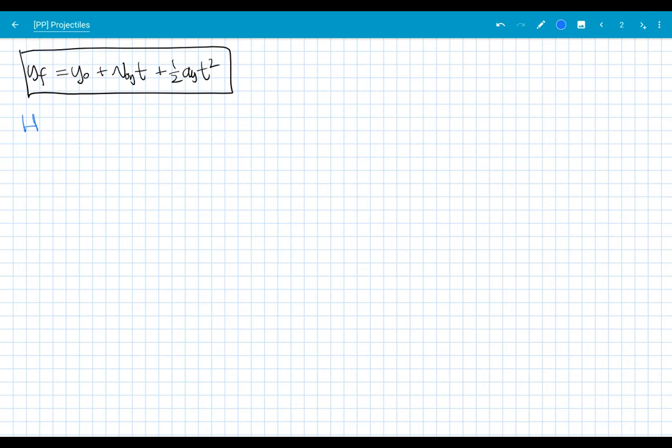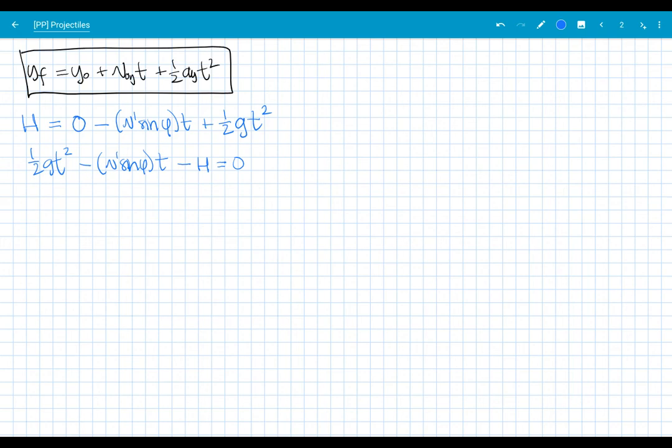And that'll give me h is equal to 0 minus V prime sine phi times t plus 1 half g t squared. Okay, I can rewrite this as 1 half g t squared minus V prime sine phi times t minus h is equal to 0. And then I can use the quadratic formula.